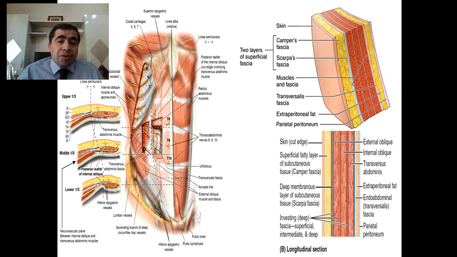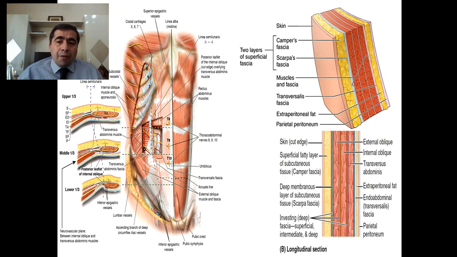But Scarpa's fascia is thicker, and it is formed by a membranous plate. Camper's and Scarpa's fascia are important especially at the lower part, and Scarpa's fascia passes to the thigh region. Here it continues as the fascia lata of the thigh.